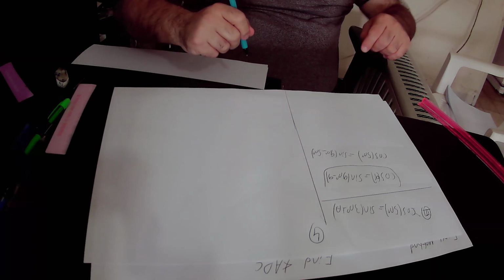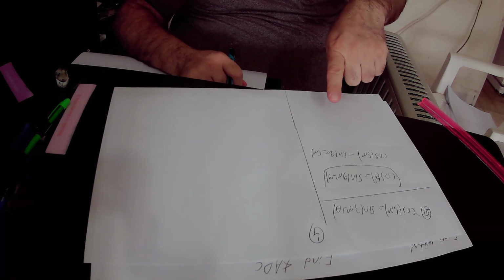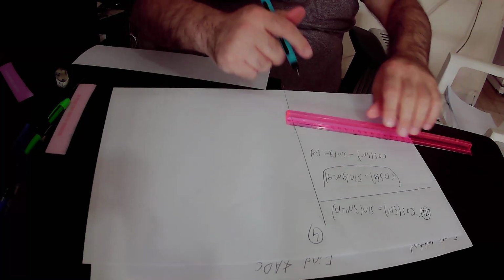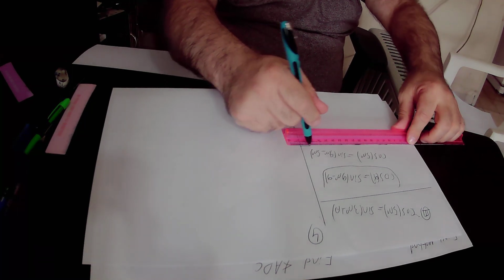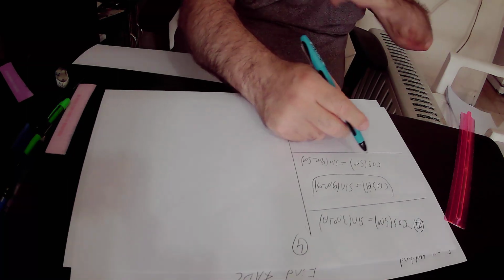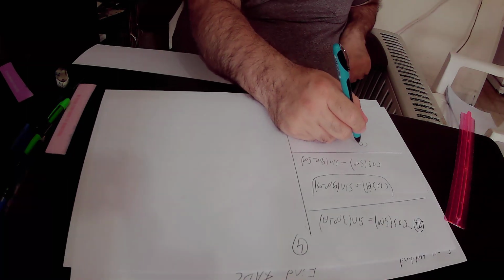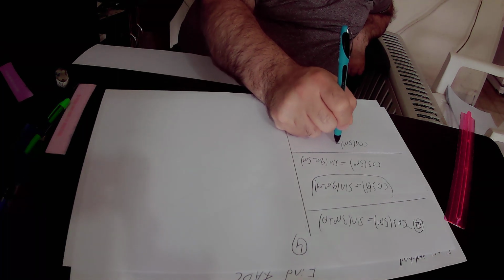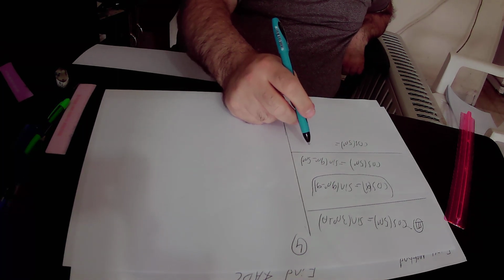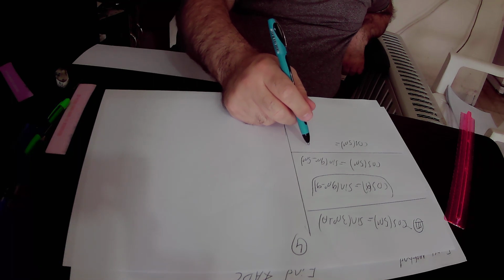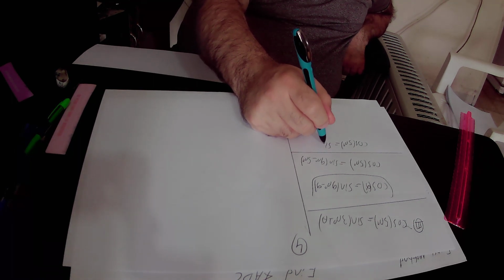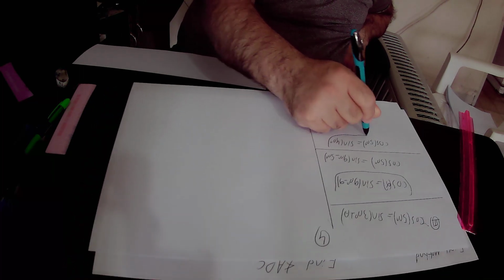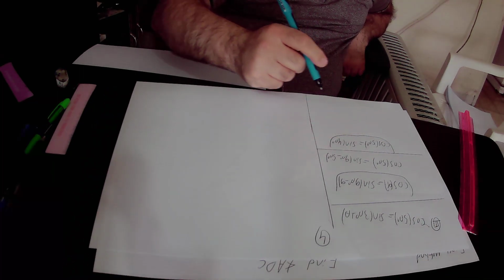So cosine 50 degrees equals sine 90 degrees minus 50 degrees, which is 40 degrees, so it is sine 40 degrees. So we found out that cosine 50 degrees equals sine 40 degrees.